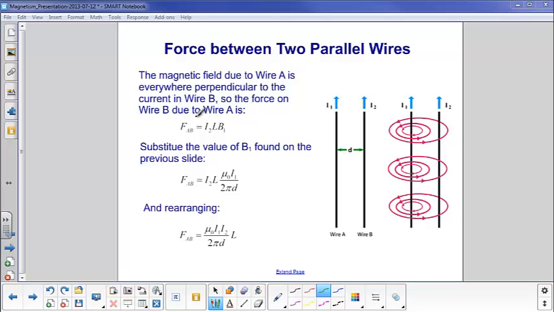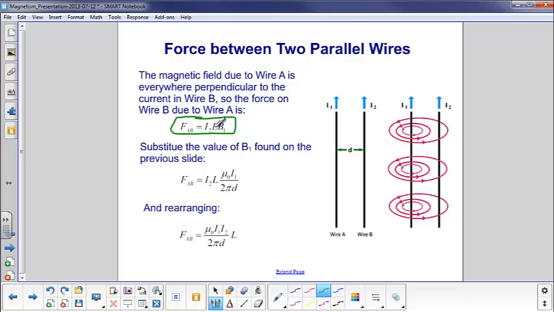So we had this equation earlier where the force on a current carrying wire that's in a magnetic field is I L times B. Now let's look at each one of these terms. First of all, the magnetic field over here is going into the page, so it's perpendicular at every point to wire B. So we want to find the force on wire 2.